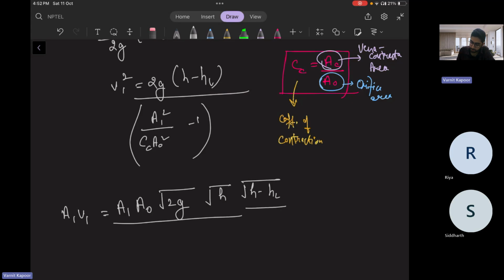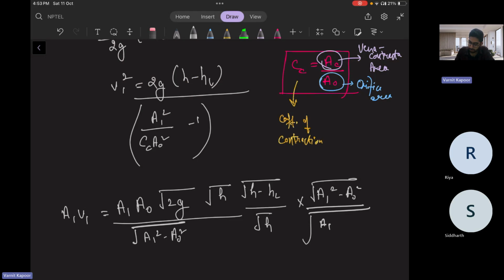Also I multiply and divide by root of A1 square minus A naught square, and the remaining will be as it is going here: A1 square by CC square A naught square minus 1. Okay. Now you'll understand why I'm doing this.